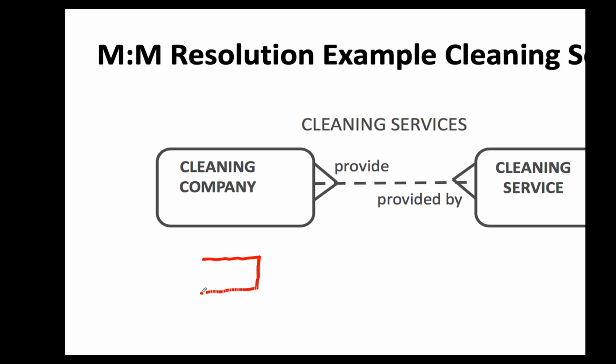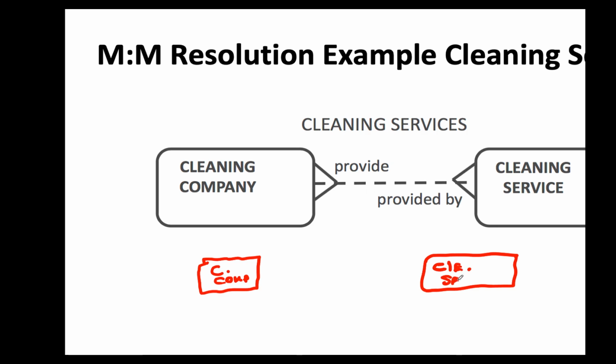So I have one entity, this is cleaning company, same entity as the above, right? I'm not writing all. So this is cleaning company and the other entity is cleaning service, same two entities.